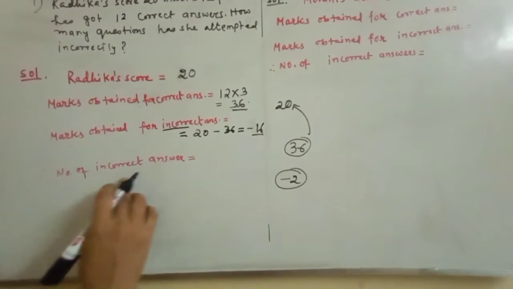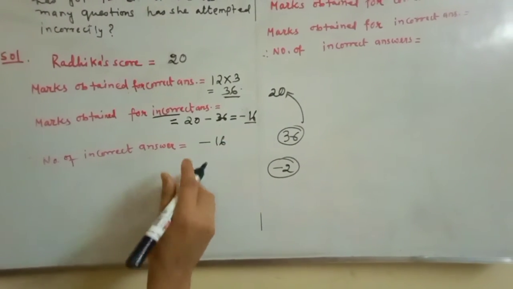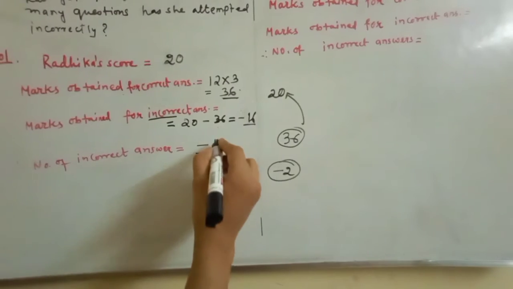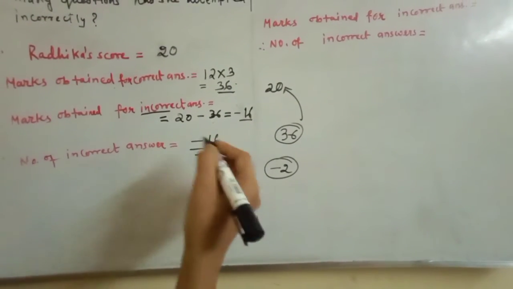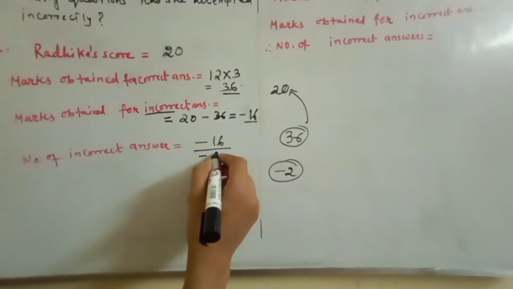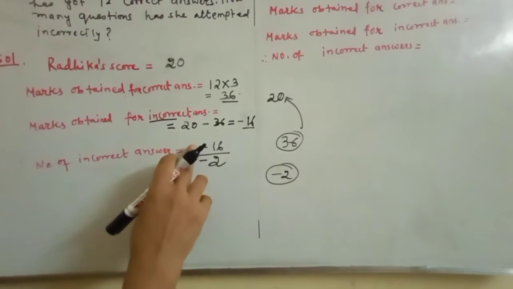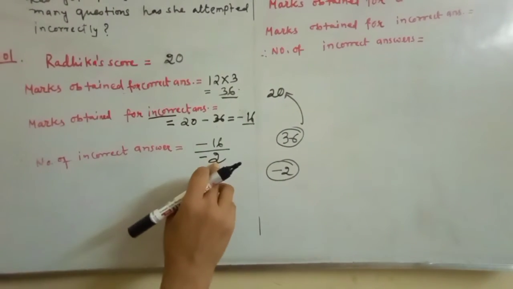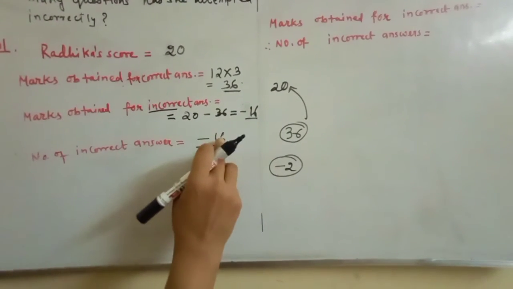So from these 16 marks deducted, how many questions has she answered incorrectly? In this way, you get minus 2 for every incorrect answer, and the total is minus 16 marks.